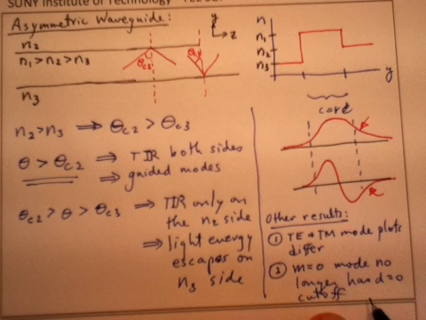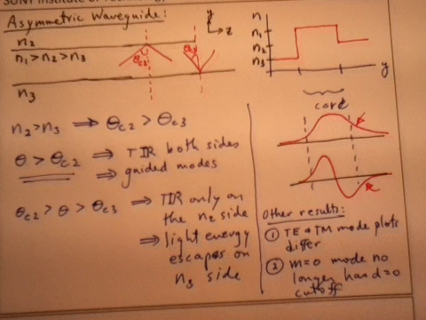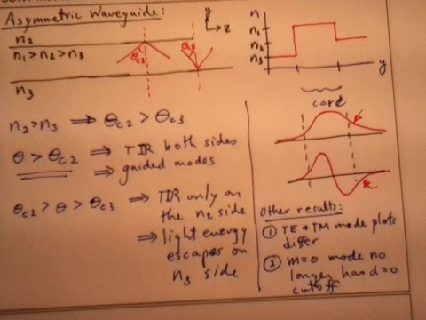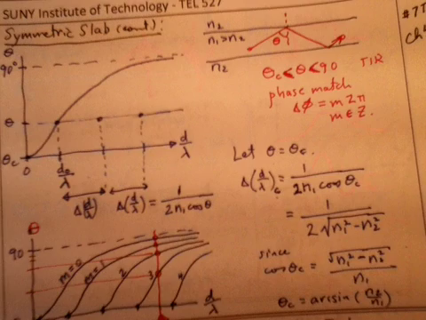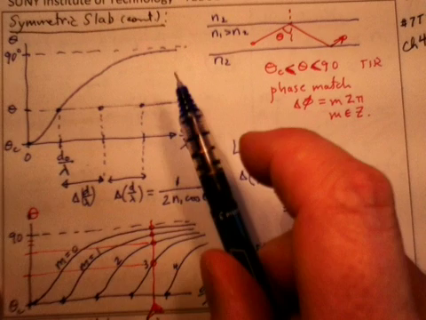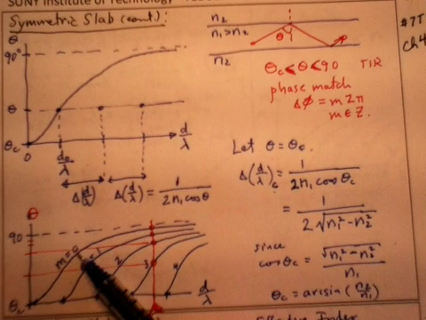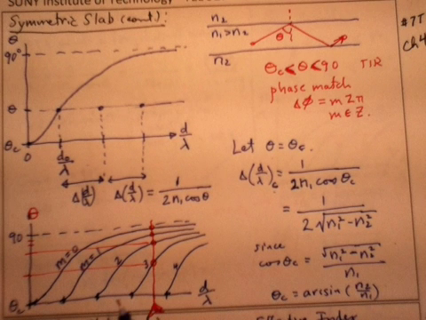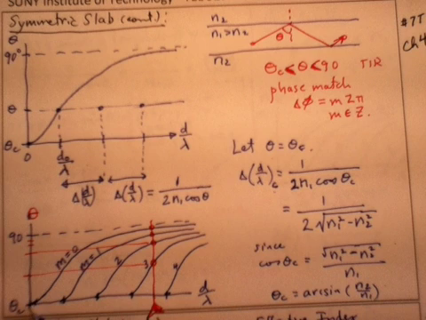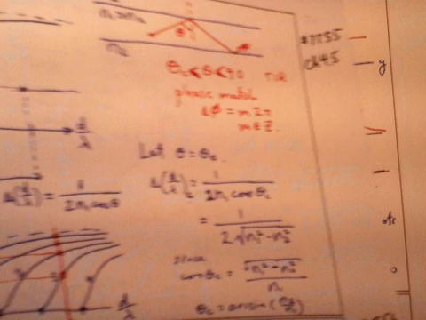You'll recall that, perhaps I can bring the picture up here, when we drew the mode plots for the symmetrical waveguide, we always had our m equals 0 mode with a cutoff right at d by lambda equal to 0, or d equal to 0. And that's no longer the case with the asymmetric waveguide.